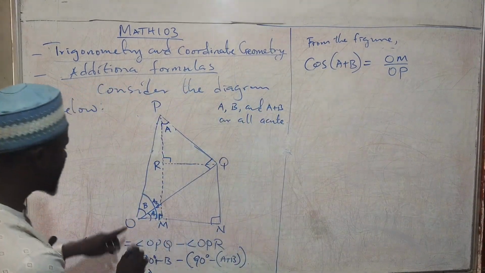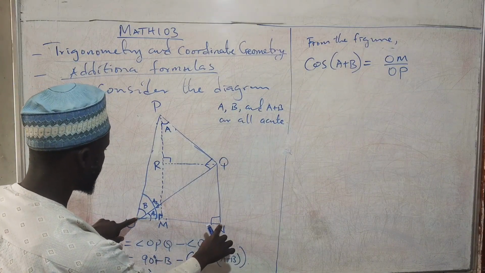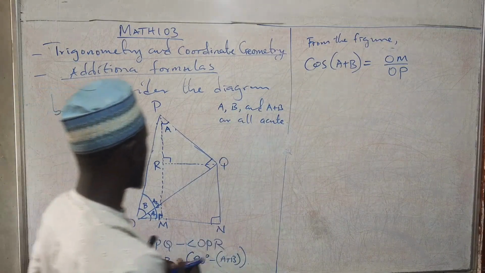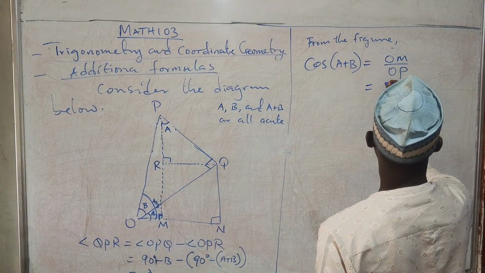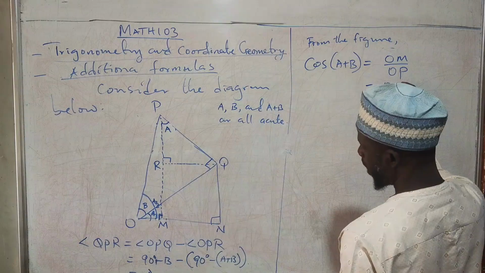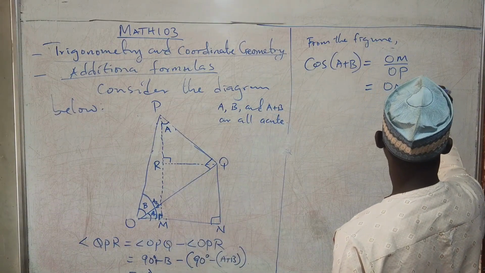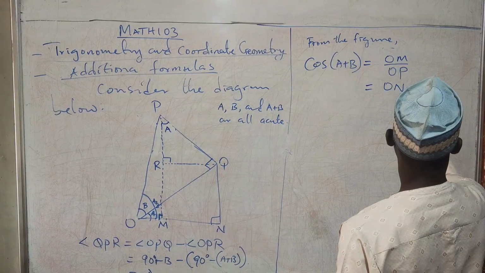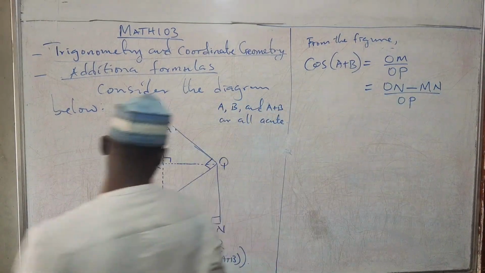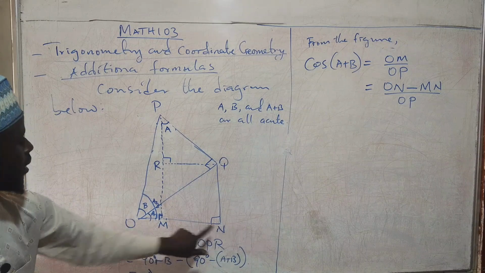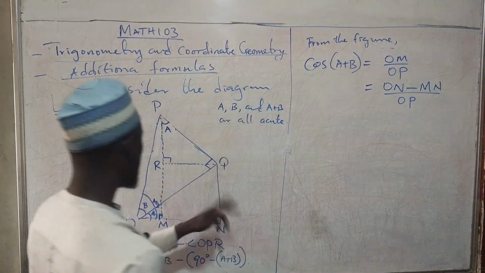But if you look at this OM, it is ON minus MN. So this is equal to ON minus MN over OP. But if you look at MN is RQ, so I can replace MN with RQ.